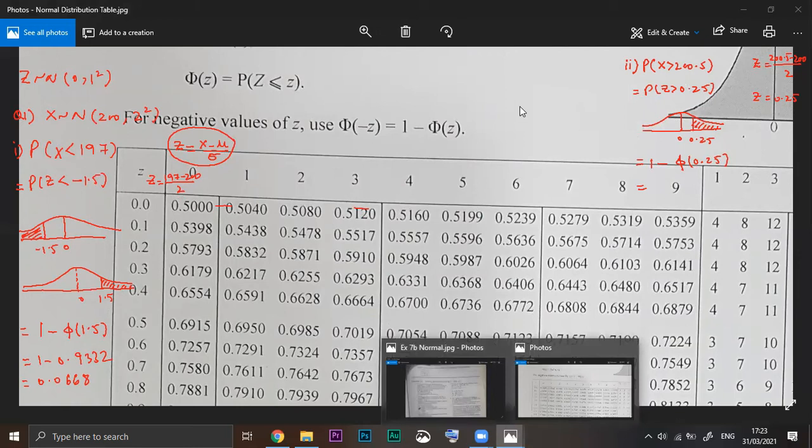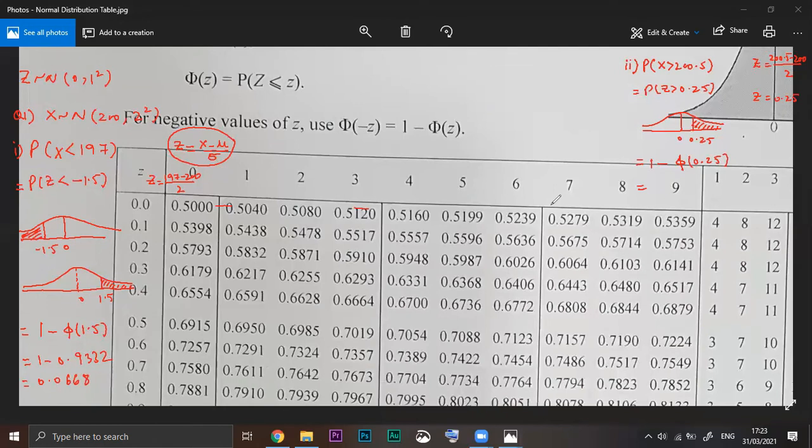So the answer is 1 minus 0.5987. And what is the final answer? 0.4013. Is there any question?